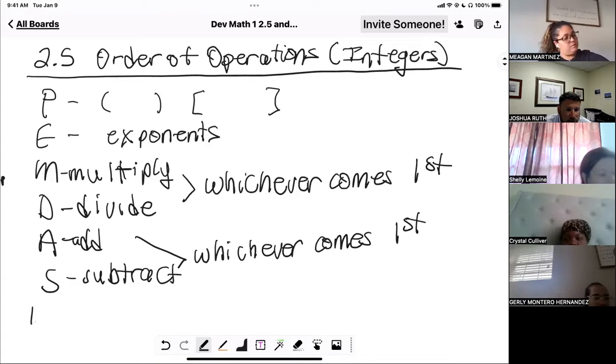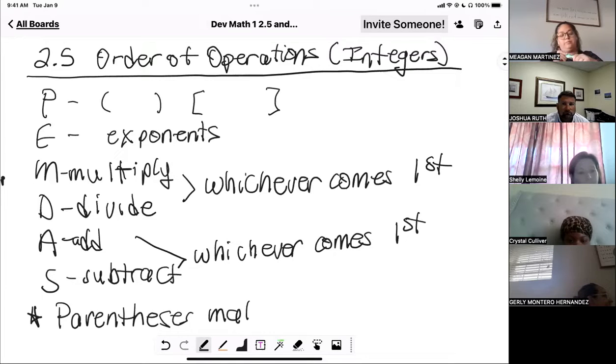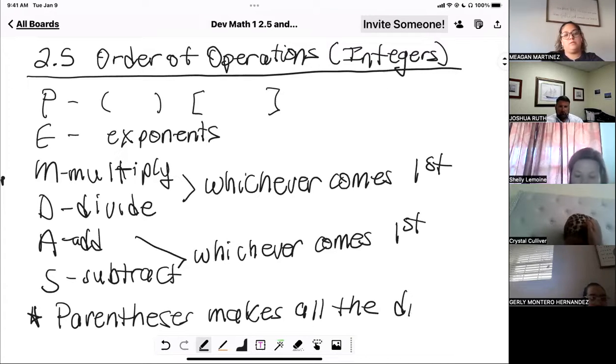One note I want to add, parentheses makes all the difference when you do order of operations. So be very careful of your parentheses.